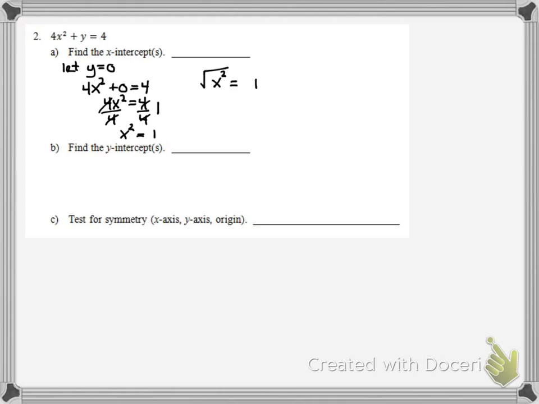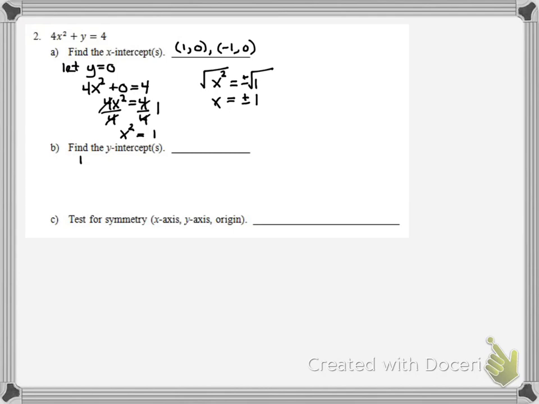To finish this, we need to take the square root, but there is nothing that tells us that x has to be positive, so we need to look at both roots. So the two answers we get here are positive 1 and negative 1. I prefer to write them as ordered pairs, so I'm going to write them as 1, 0 and negative 1, 0. Okay, so two x-intercepts.